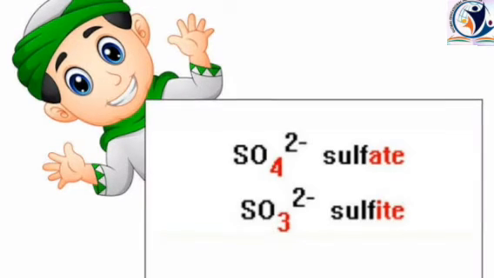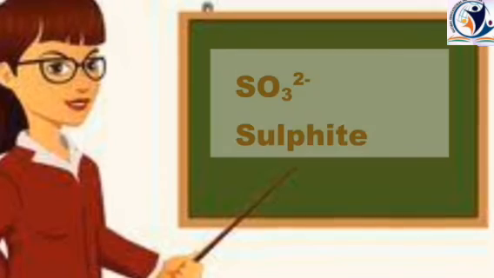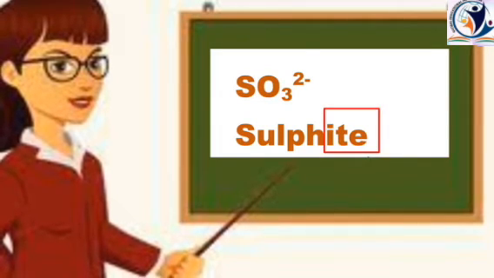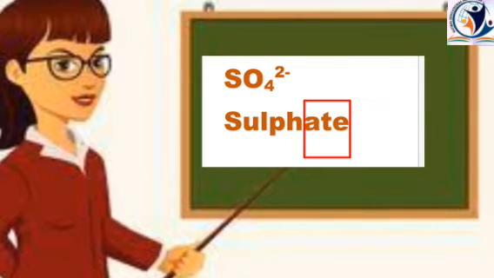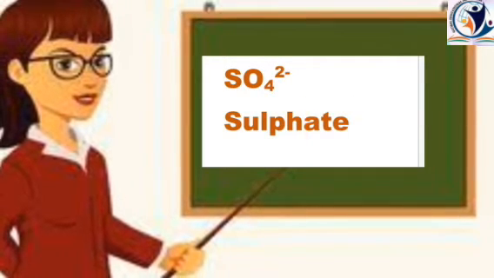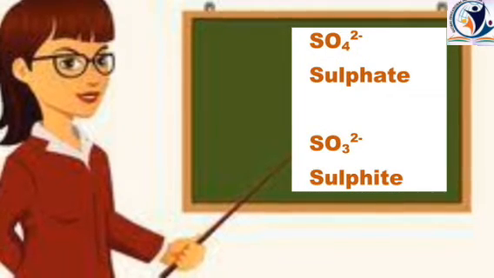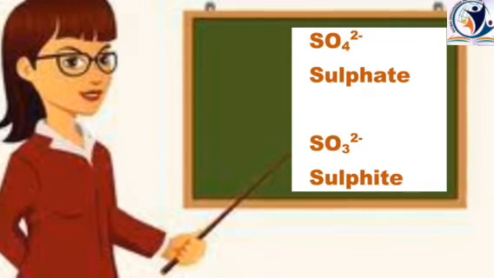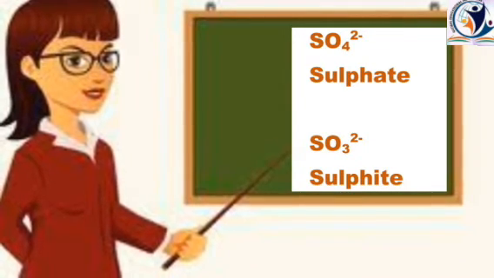Depending upon the number of oxygen present in the radical, we give them separate names. You can see in the suffix there is ite, I-T-E, with the first one, and the second one goes with ate, A-T-E. We can say ite is added as a suffix if they are having a smaller number of oxygen, and if ate is there, it means it is having a larger number of oxygen.